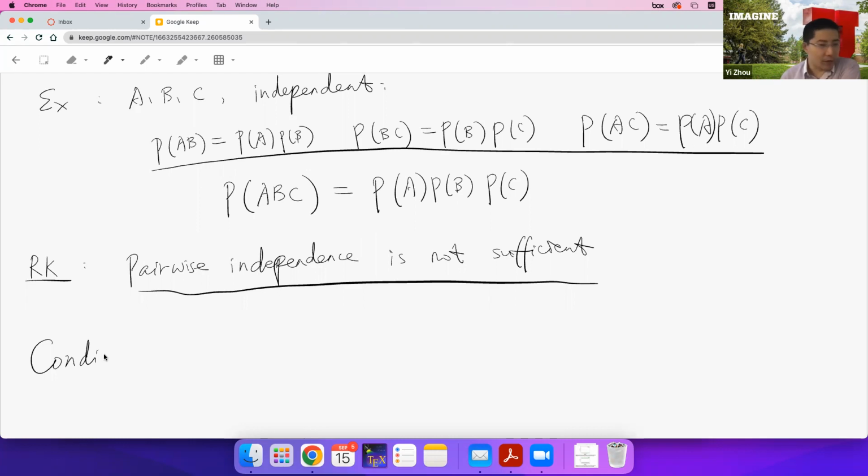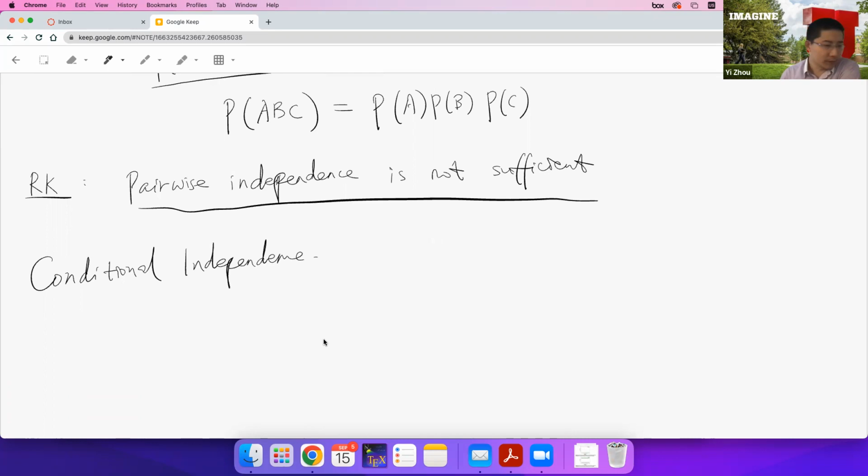We need another definition called conditional independence. This one is very intuitive.